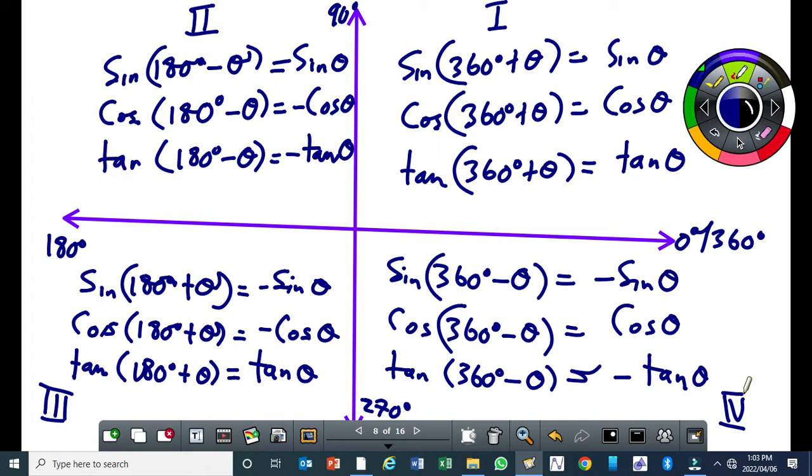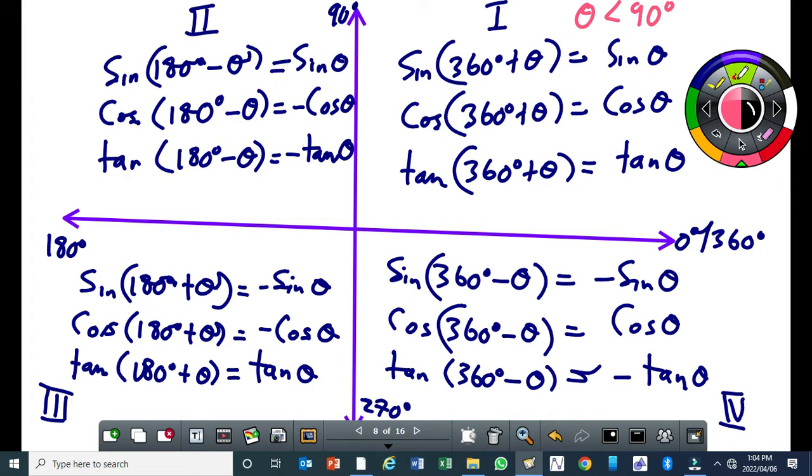That's the basic idea here. I'm sure you can see that on the right hand side of these identities, we have got a theta, and our theta there is acute. Okay? Theta is less than 90 degrees. So we are rewriting all trigonometric ratios of non-acute angles using an acute angle.